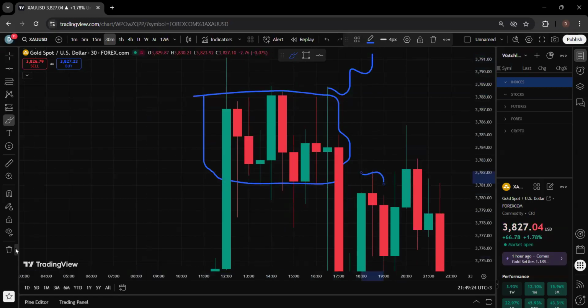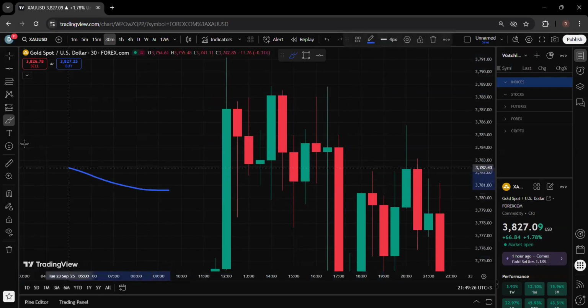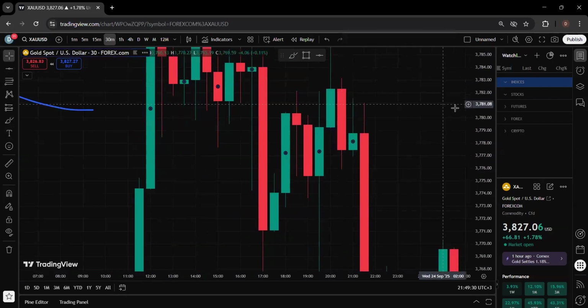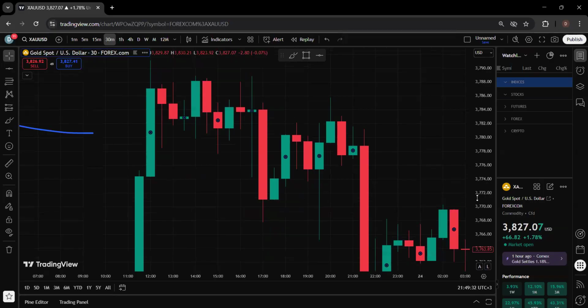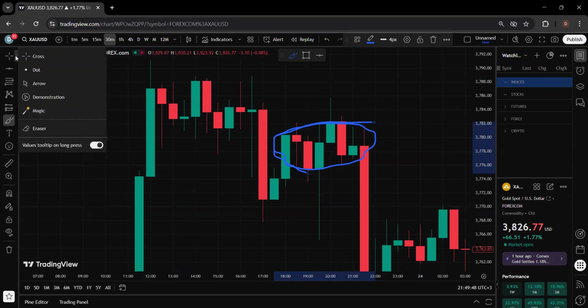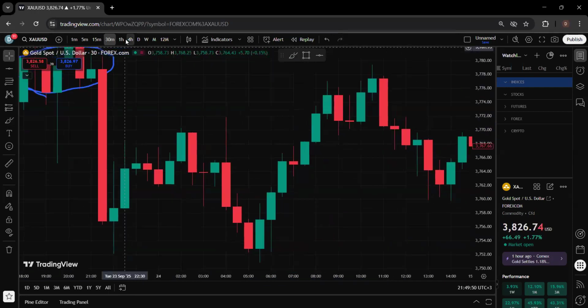Now let's see another sort of consolidation. This is another one. Yes, I can call this consolidation also, from here all the way here. I can also call that a consolidating market. I said it depends on your level of patience.